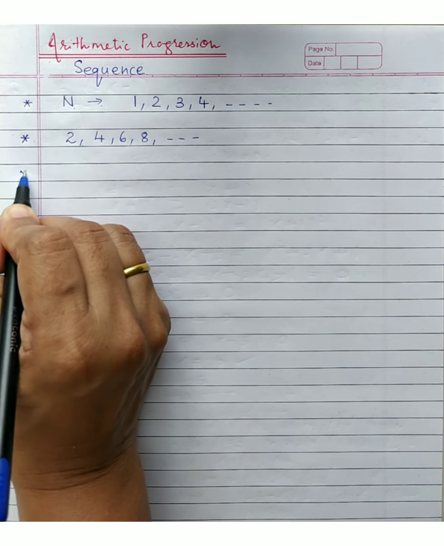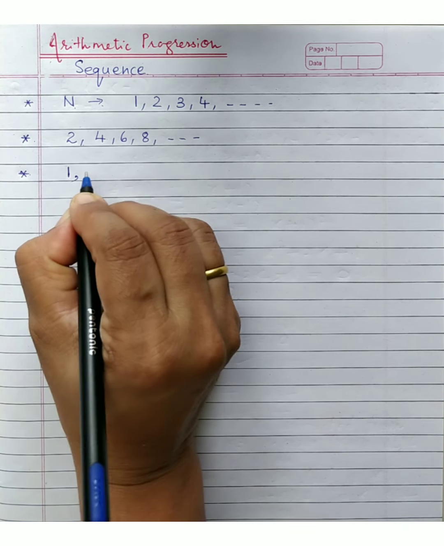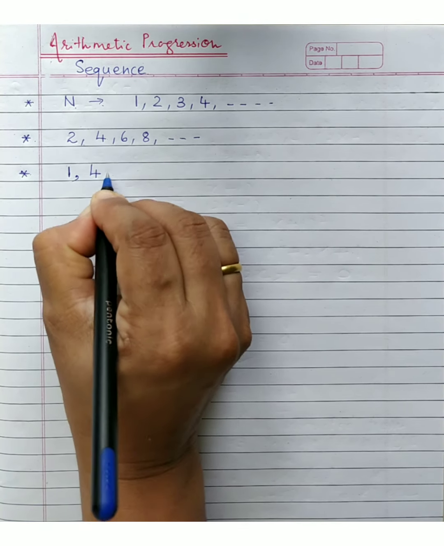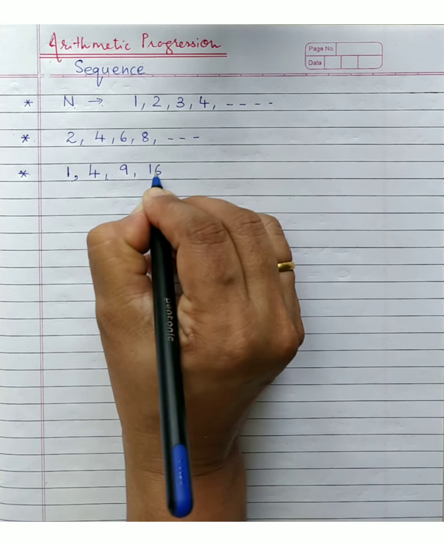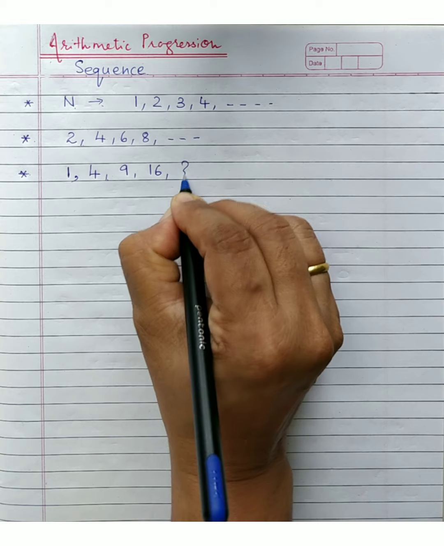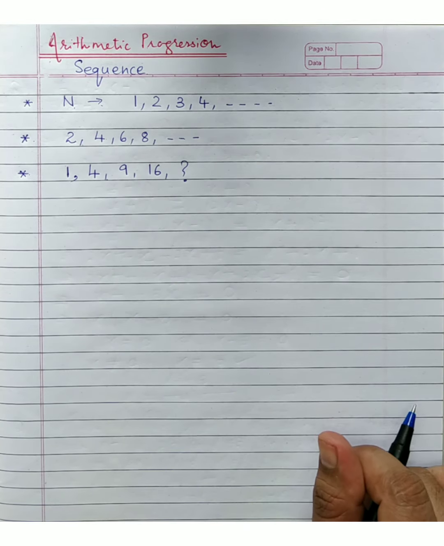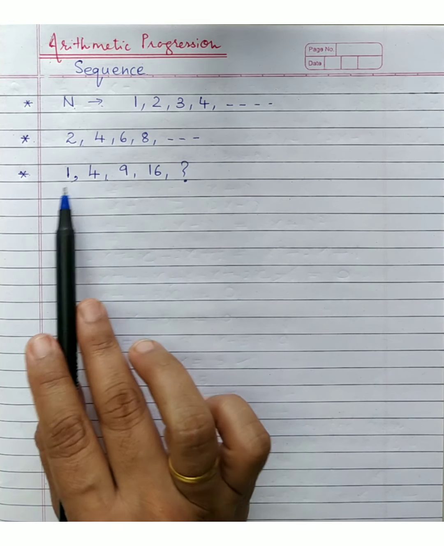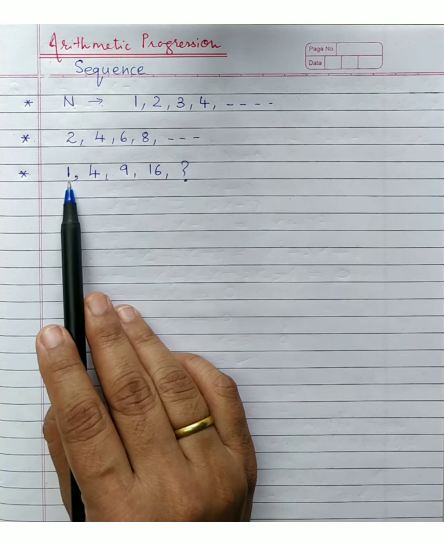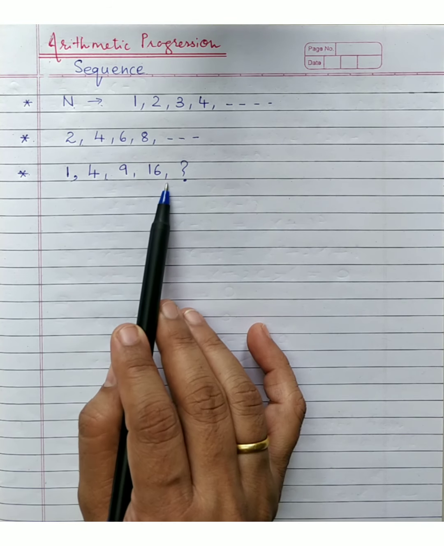Now, one more example. If I write some numbers like this: 1, 4, then 9, 16. Here also, if I ask you what is the next term, think. Can you give the answer? The majority of you will be able to give the answer. You need to observe this carefully. 1, 4, 9, 16.